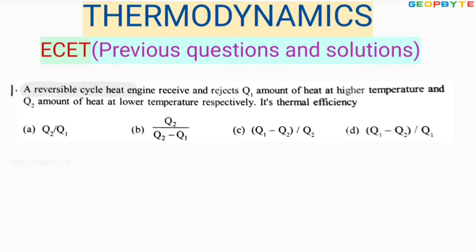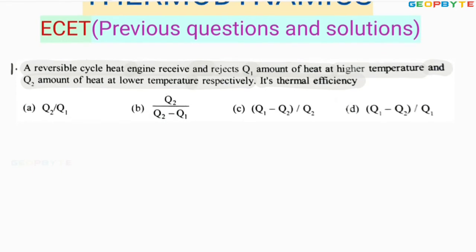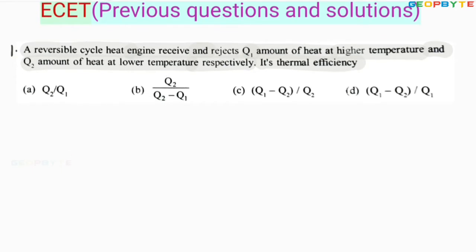A reversible cycle heat engine receives and rejects Q1 amount of heat at higher temperature and Q2 amount of heat at lower temperature respectively. Its thermal efficiency. The problem is very clearly given.